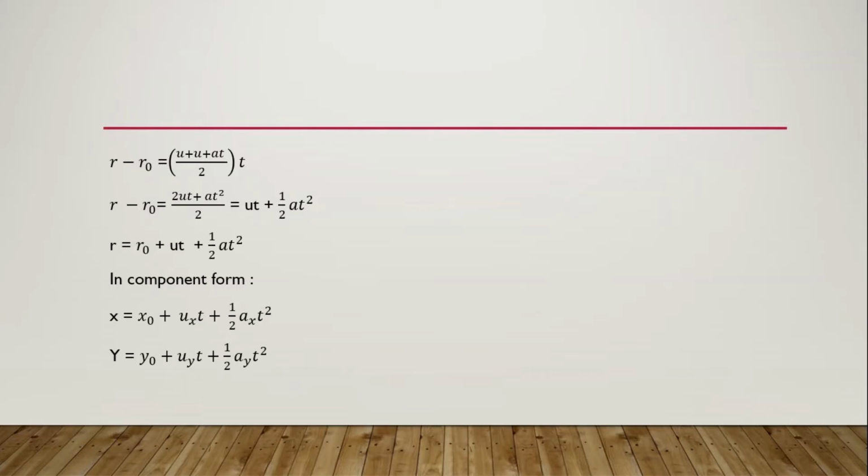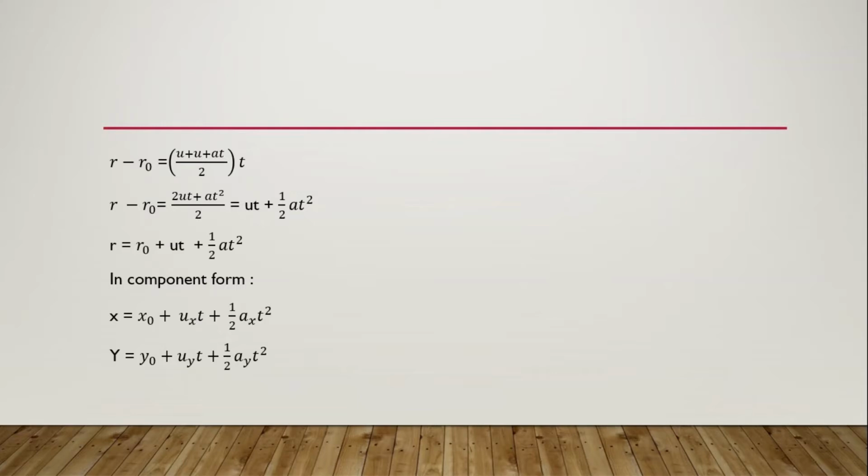So which is equal to 2ut divided by 2, the 2 gets cancelled, it is ut, plus at square divided by 2, which is 1 by 2 into at square, right? So r is equal to r naught, just take the r naught to this side, r is equal to r naught plus ut plus half at square, right?